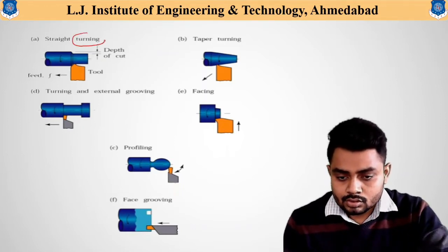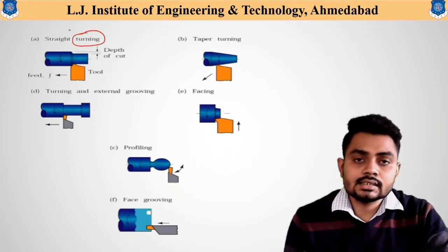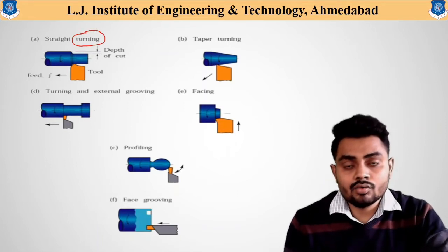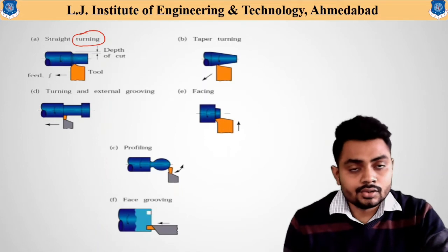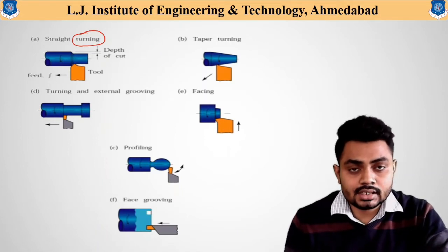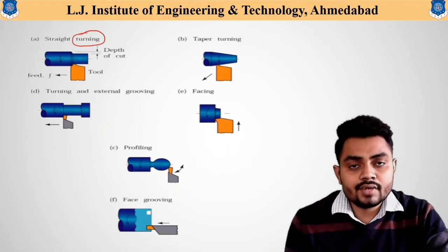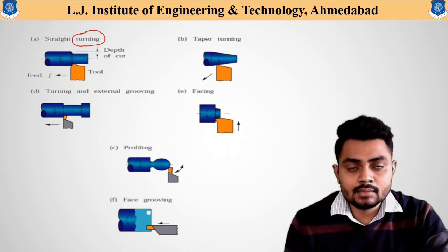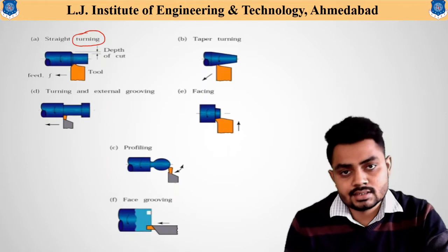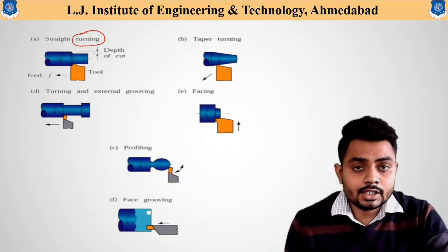First of all, let us understand what is the meaning of turning. Turning is just a simple operation in which the workpiece is rotating and the tool is fed towards the workpiece and the material removal takes place. In this particular case, there are mainly two to three different types of turning operation.